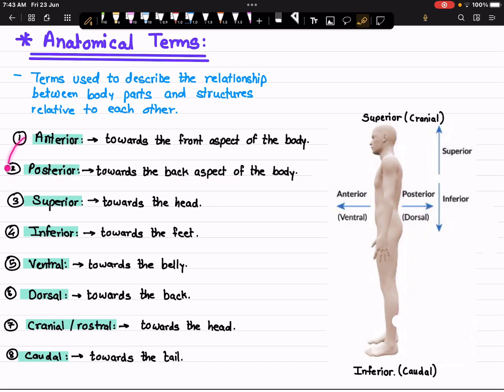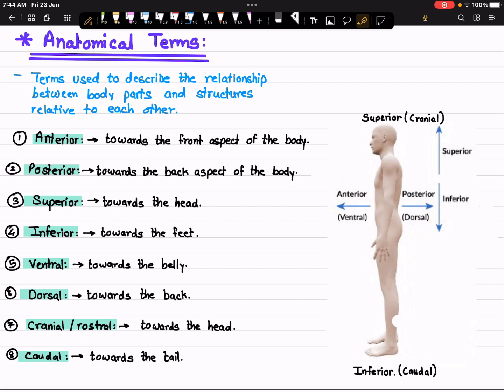Now anterior can be interchangeably used as ventral, or they may seem the same because ventral is towards the belly. So belly is nothing but some part of the anterior part, right? So we can also term anterior as ventral in some cases, and we can term dorsal as posterior in some cases because it is anything which is going towards the back of the body.